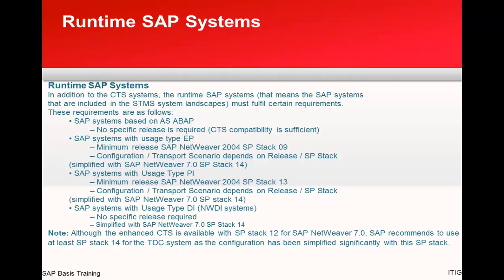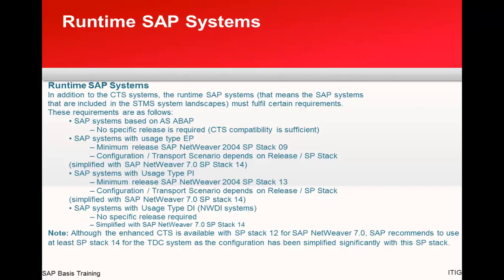In addition to the CTS system, the runtime SAP systems, that means the SAP systems that are included in the STMS system landscape, must fulfill certain requirements. These requirements are as follows: SAP system based on AS ABAP, SAP system with usage type EP, then SAP system with usage type PI, then SAP system with usage type DI, that is NWDI.